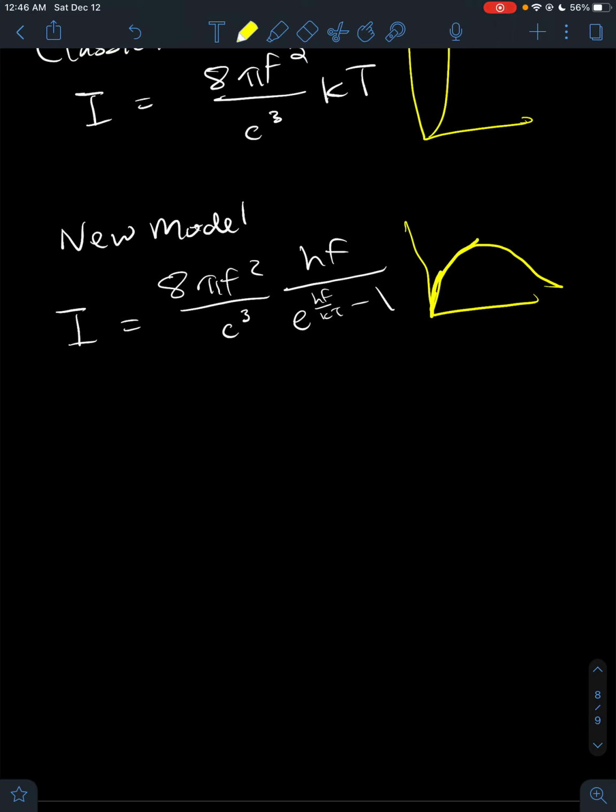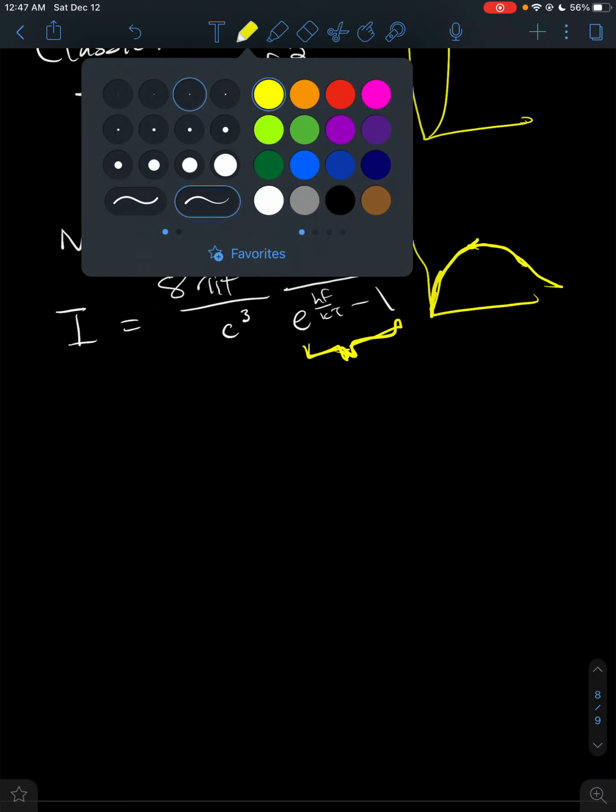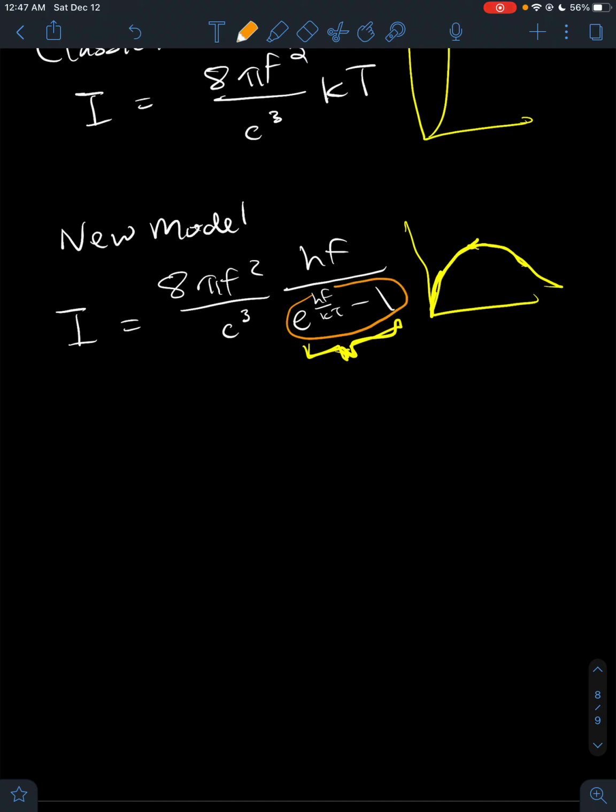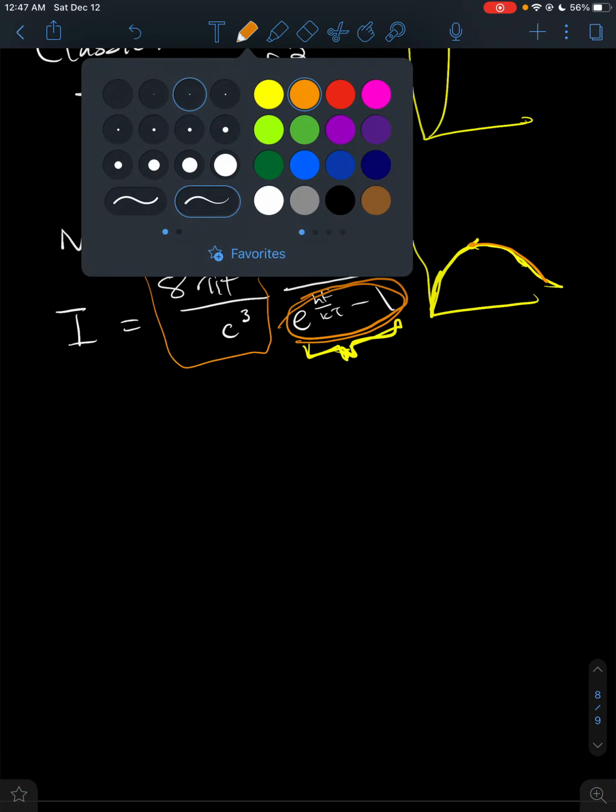But at some certain point, because of this denominator, it goes down again. At some point, this bottom term becomes bigger than this term over here times this term. And this bottom term makes the graph go down again. You can plug in these values for yourself and show that it does that.